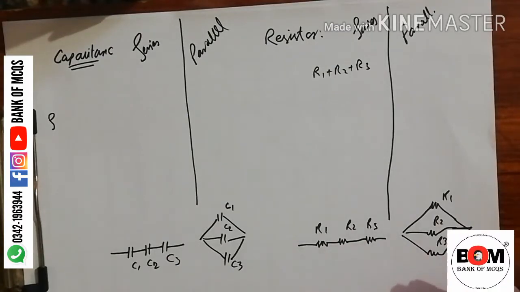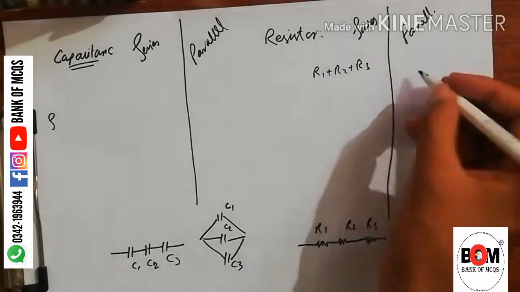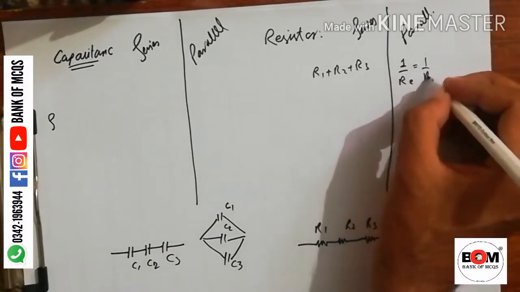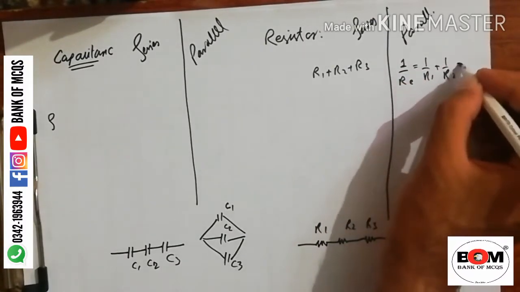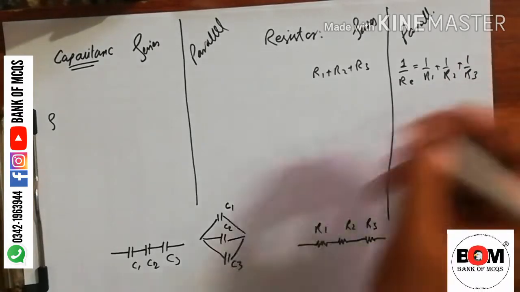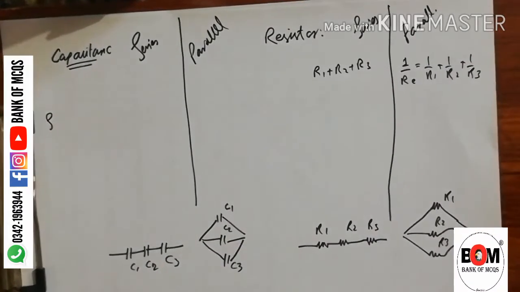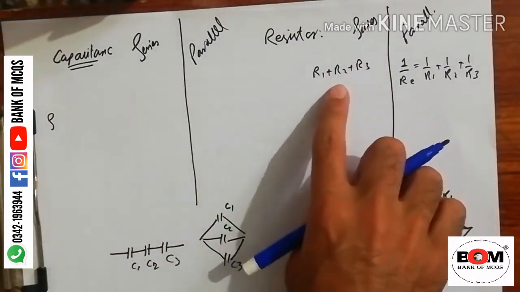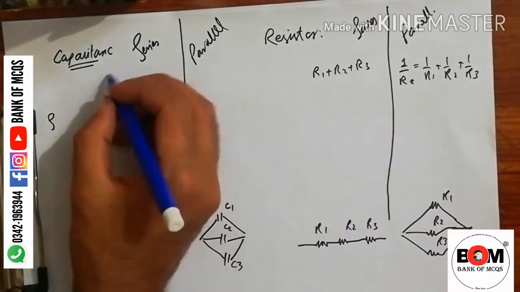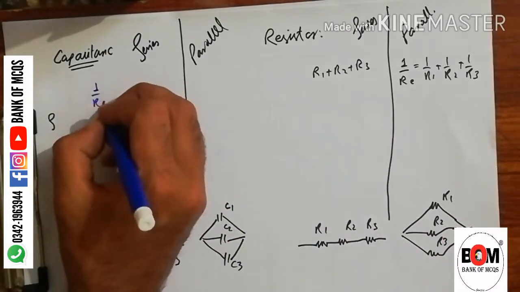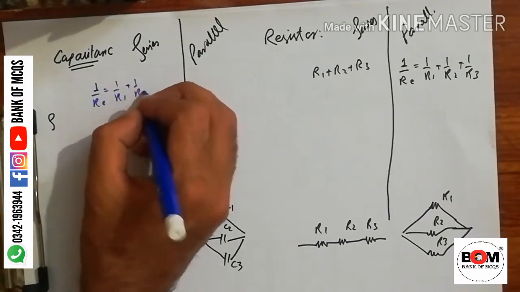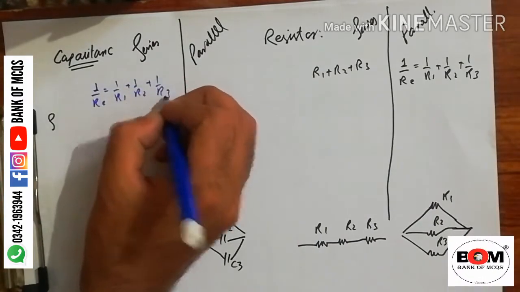Now for parallel, there is no need to prove it, just remember it: 1 over R is equal to 1 over R1 plus 1 over R2 plus 1 over R3. Now for capacitance, connected in series, the resistances are added, while for capacitance it will be 1 over C is equal to 1 over C1 plus 1 over C2 plus 1 over C3.